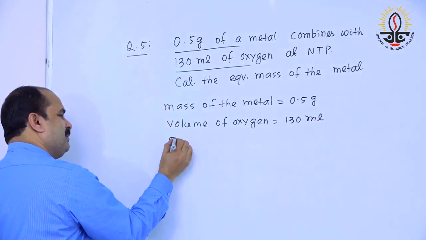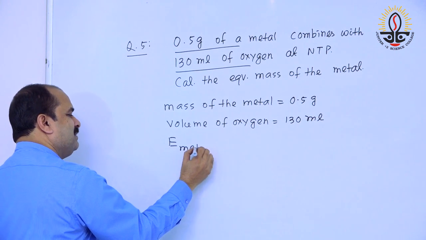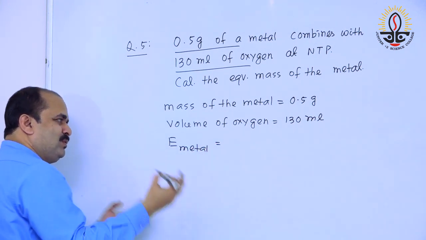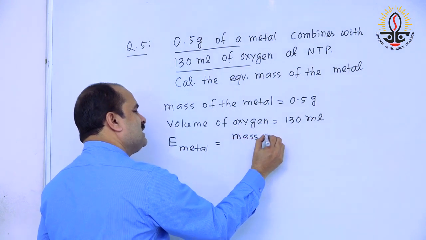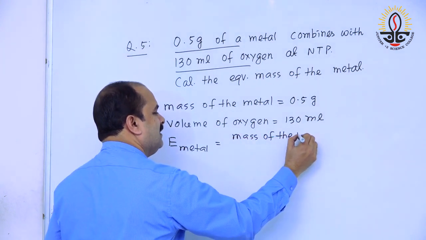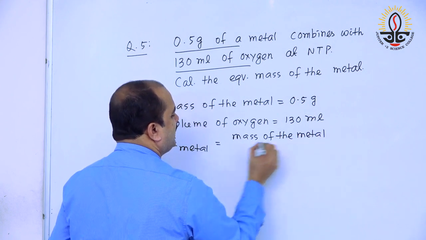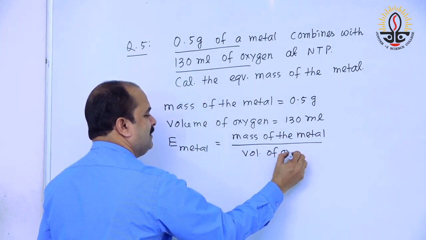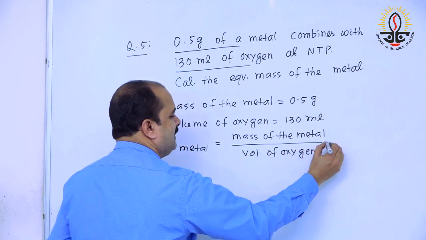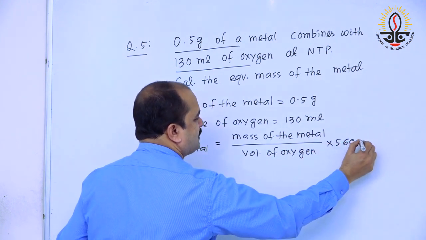Then we can find out the equivalent mass of the metal with respect to volume of oxygen, that is equal to mass of the metal divided by volume of oxygen into 5600.